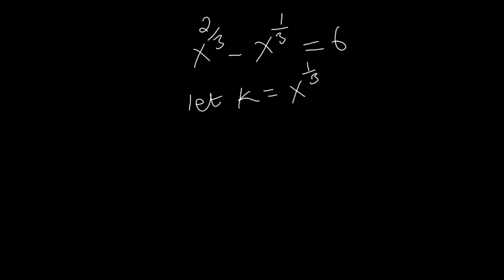So let's now sub. Then the first term is going to be k squared, minus k is equal to 6. Why do we write k squared?